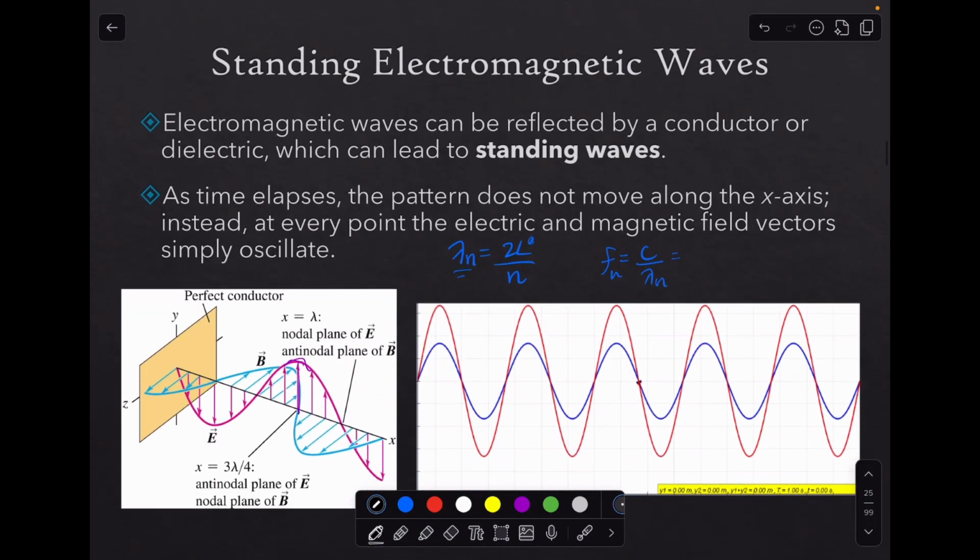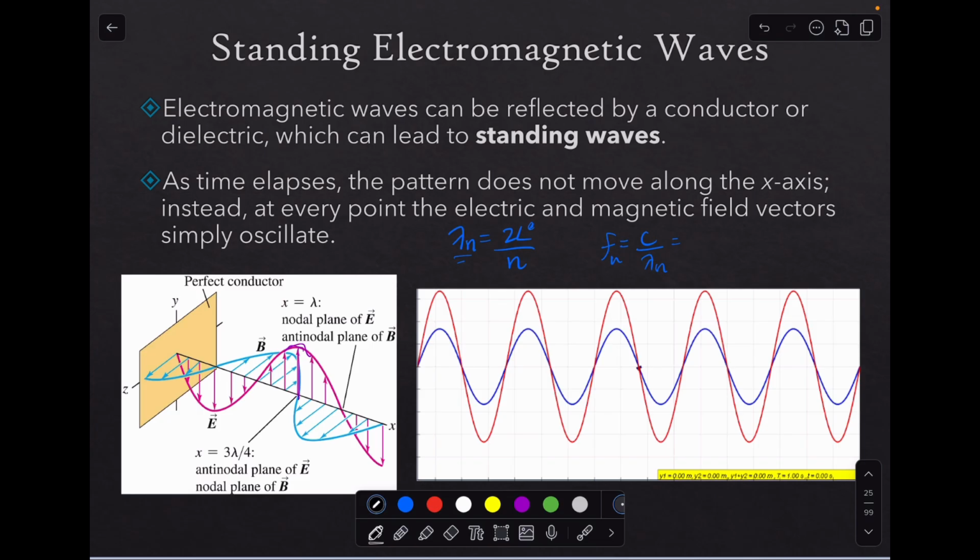The last thing we want to talk about when we are thinking about electromagnetic waves in terms of sinusoidal functions is what happens if we were to trap an electromagnetic wave in a cavity. Recall that electric fields do not exist in conductors.